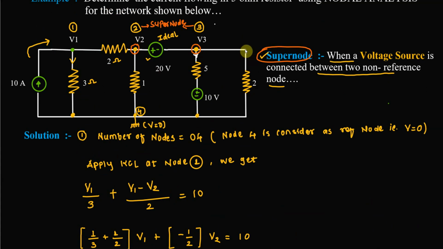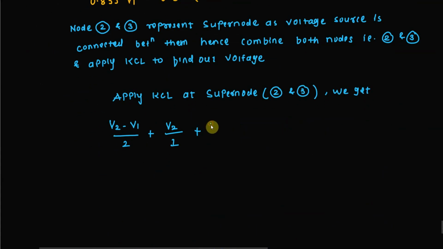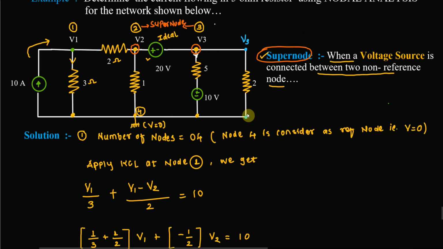Okay. So what is the voltage here? The voltage here is again the same. So what will be V3 by 2, because this is again a reference node. So voltage is 0. So V3 by 2. So this will be plus V3 by 2. So we are adding the currents of node 2 as well as 3. Okay. One is remaining. What is the voltage here? V3.